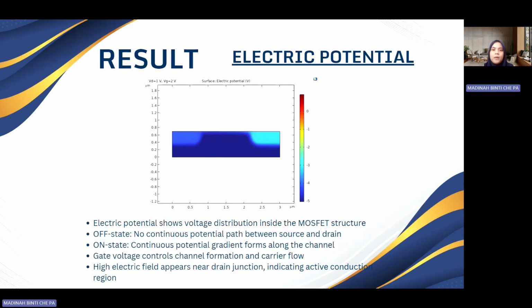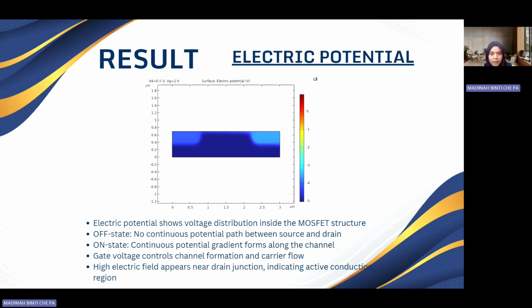The first result I got is the electric potential. As you can see in the animation of this video, we can see the electric potential distribution inside the MOSFET, which helps us see how charge moves inside the MOSFET. This device is an N-type silicon carbide MOSFET, where electrons are the majority carriers. When a positive voltage is applied to the gate terminal, an electric field is created across the oxide layer.